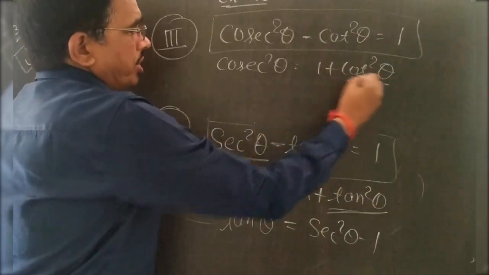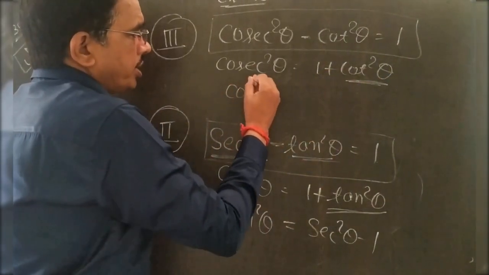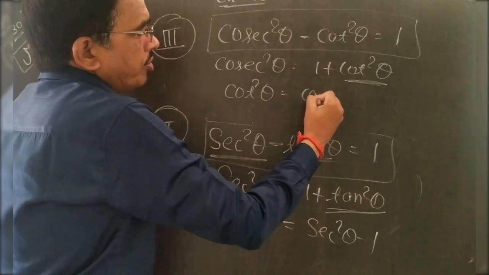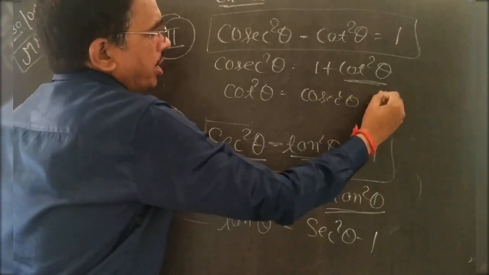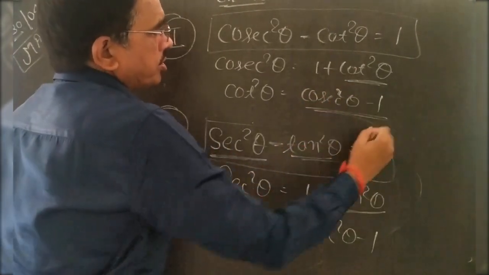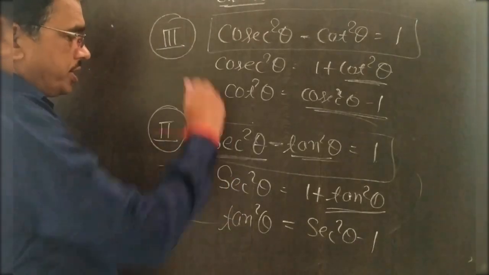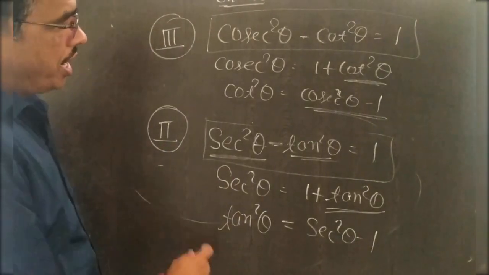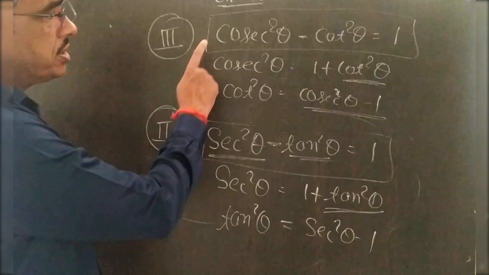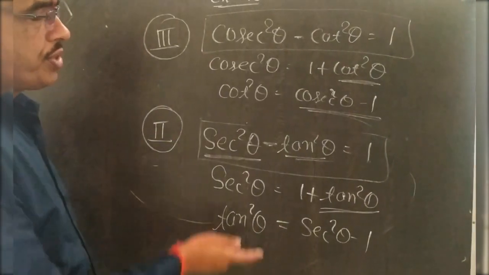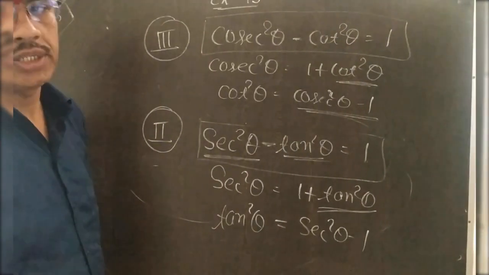And cot square theta is equal to cosec square theta minus 1. So there are three identities and 6 formulas based on the identities. We use these formulas in this chapter.